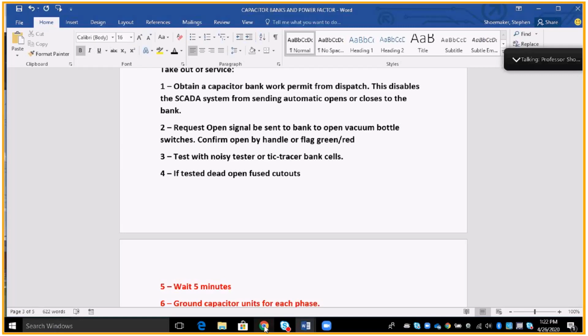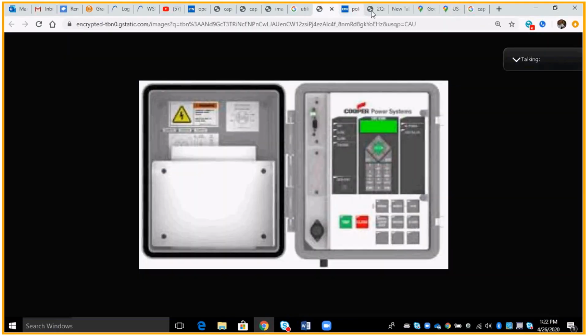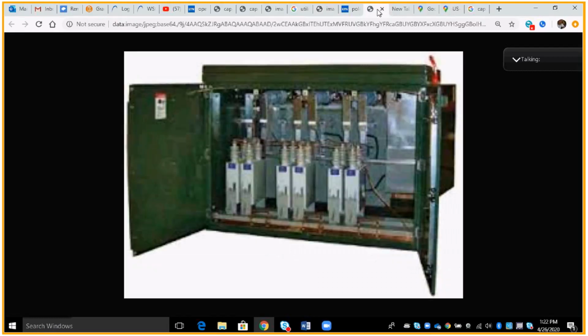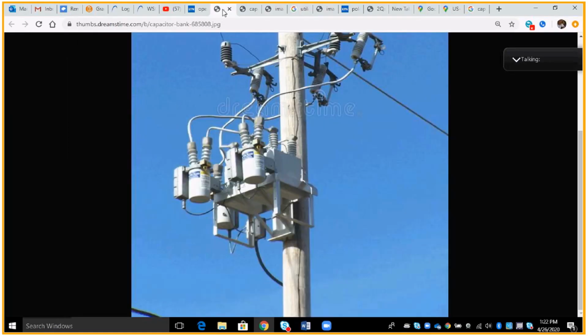Let's go back to our pictures here. You'll notice in this one I've got the oil switches here and vacuum switches here. You can tell by looking at them, and if you need to ride up there and confirm in a bucket truck you can, but they're easily visible from the ground.